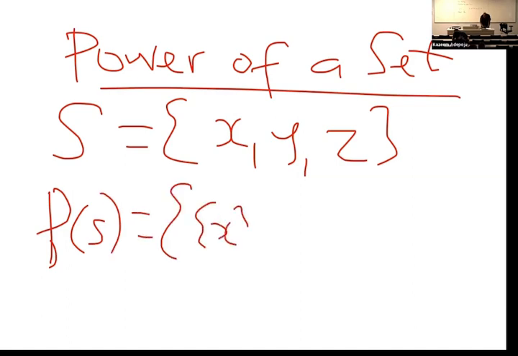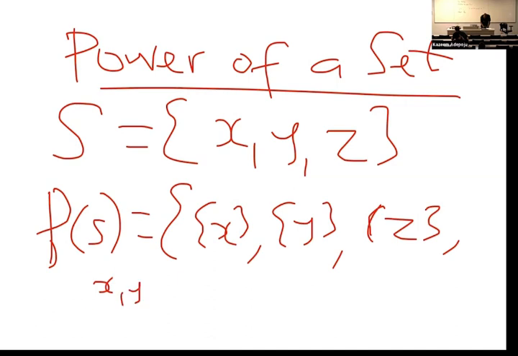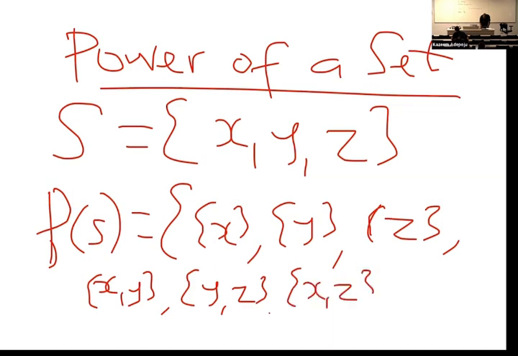We can have X, Y, Z when they appear singly, then when they appear in twos: X, Y; Y, Z; X, Z; and then X, Y, Z. How many do I have now? 1, 2, 3, 4, 5, 6, 7. Can somebody remind me of the 8th one?